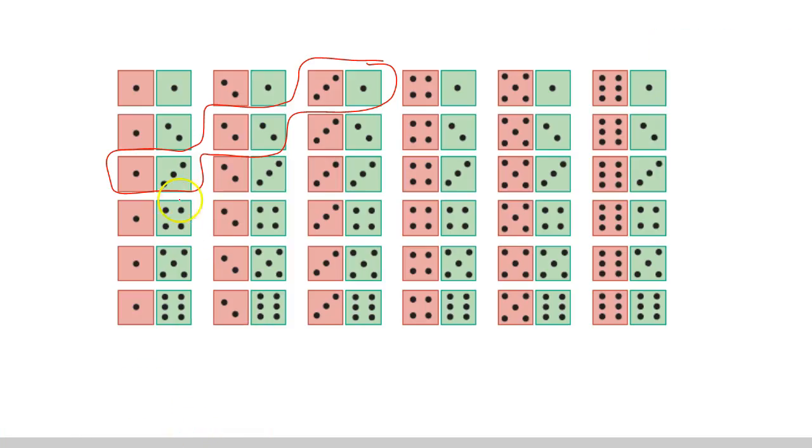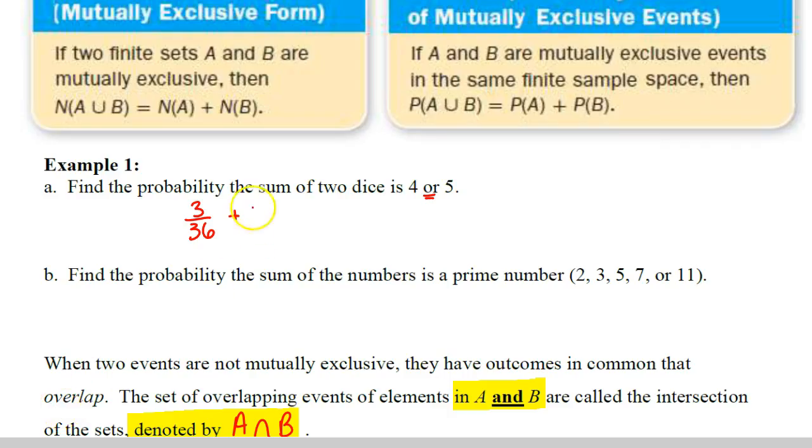That's going to happen right here. So it happens 4 times out of 36. If we add those together, we have a 7 out of 36 chance, and that doesn't reduce, of rolling 2 dice and getting a sum of 4 or 5.